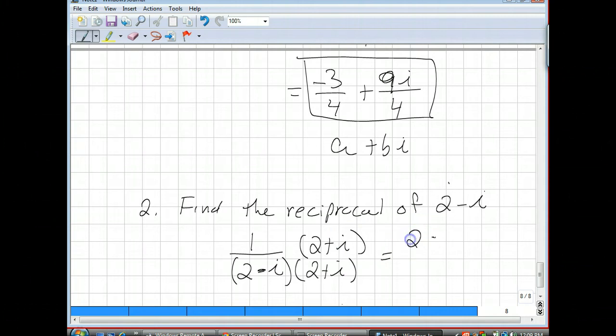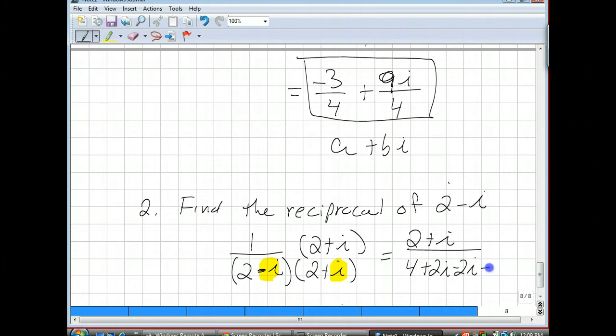So on the top it's 2 plus i, and on the bottom it's going to be 2 times 2 is 4, plus 2i minus 2i, and then remember again, be careful with this last one.